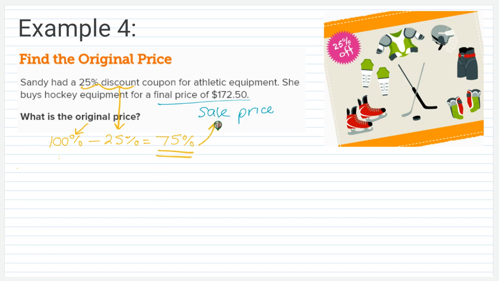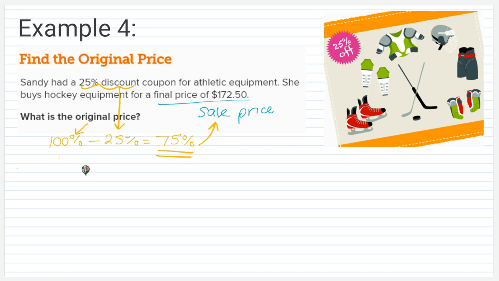which is the sale price. So when I set up my proportion or equation to find the original price, you're going to have to use the fact that you paid 75% of the original price. You cannot use 25% in your calculation. It will not turn out correctly. So again, I have to use 75% because that is the amount that I'm left paying, which gave me the sale price.